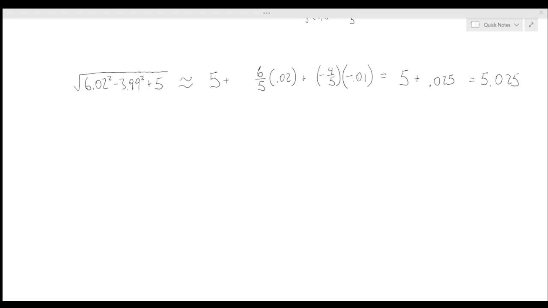Let's see here. Okay, assuming that the answer that most people are getting is the right one, then it looks like the final answer should be 5.032, which is actually what I had in my answer at the end of the practice problems that I sent to everyone, so I think that's good.